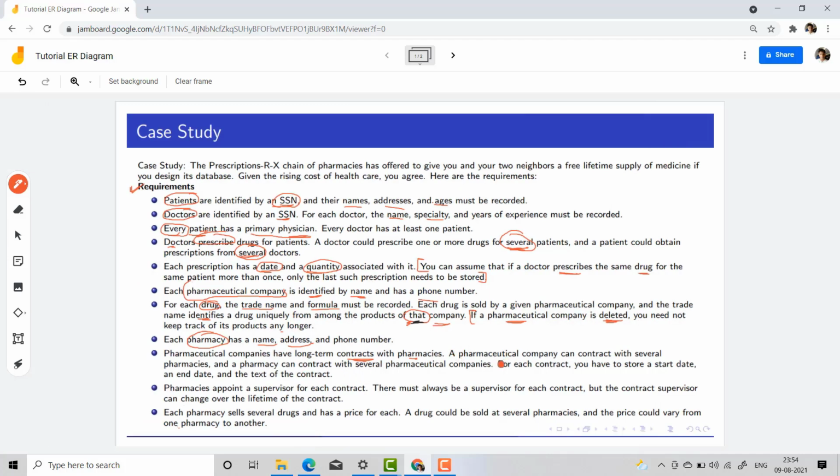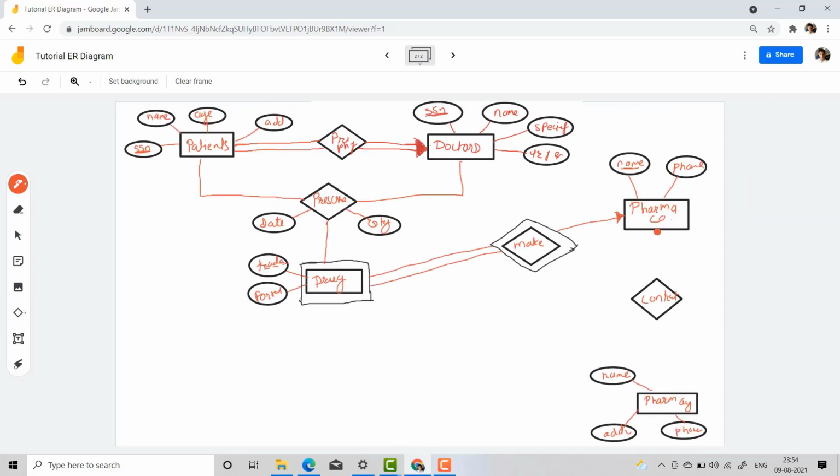Now a pharmaceutical company can contract with several pharmacies and a pharmacy can contract with several pharmaceutical companies. Means there is a many to many relationship between the pharmaceutical company and pharmacy. So let us draw lines here and connect the relationship with the entities.